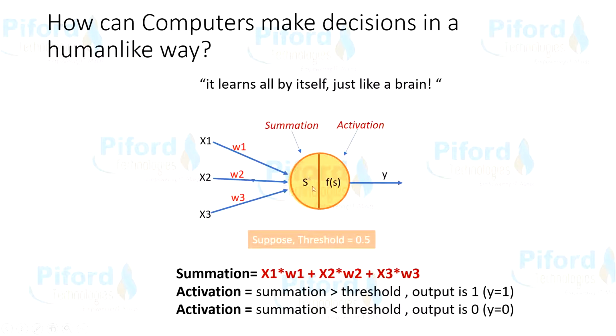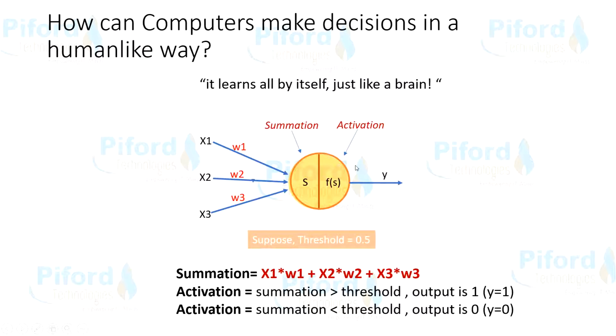The task of summation is to add all of them: x1 times w1 plus x2 times w2 plus x3 times w3. Summation adds all the values and gives us the output. The output of summation becomes the input of the activation function.